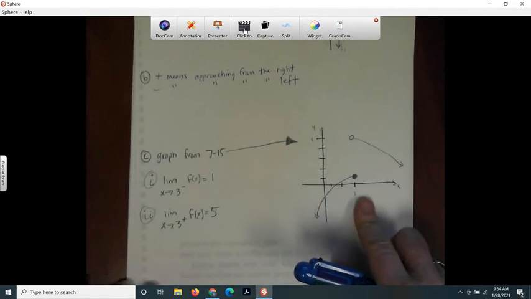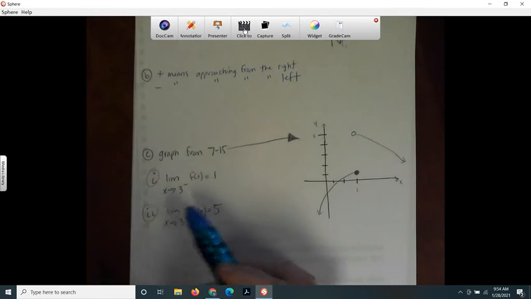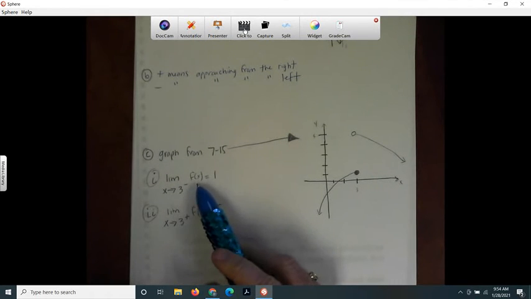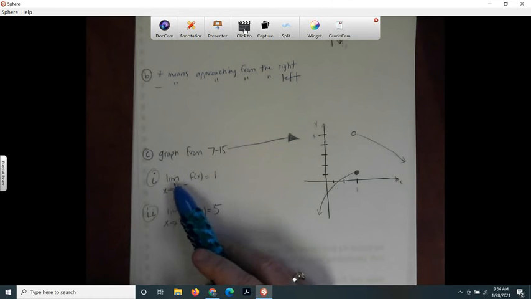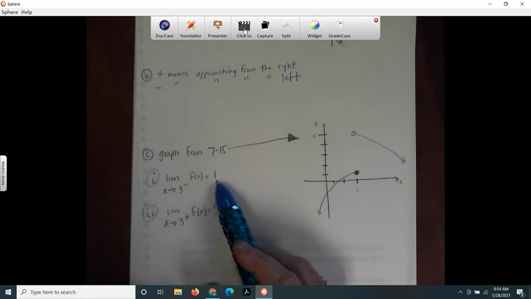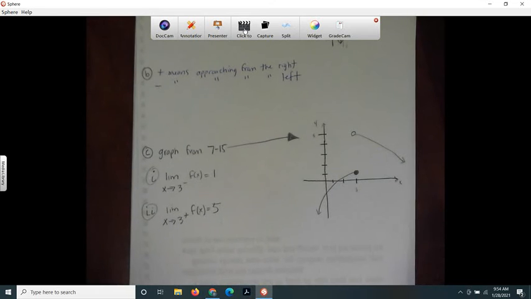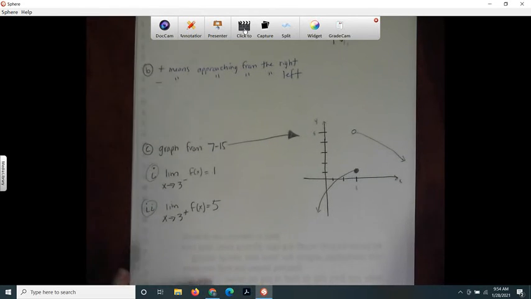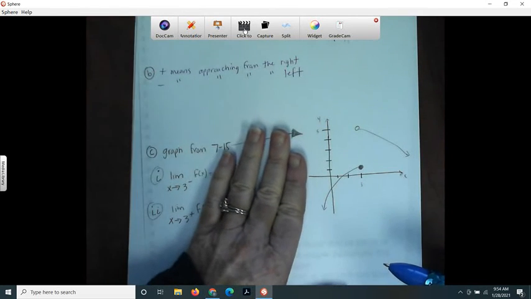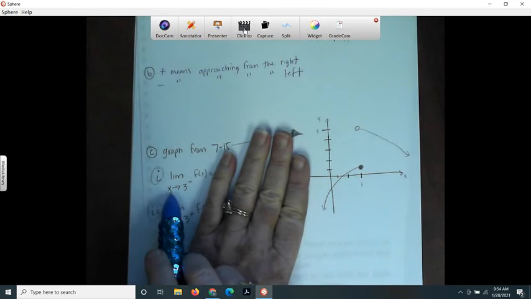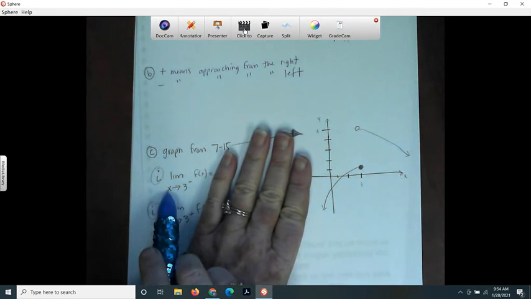And so I'm supposed to find the limit as x approaches 3 from the left of f of x. Oh, I already wrote the 1. Sorry, there's no answer there yet. So what's the limit of f of x as x approaches 3 from the left?